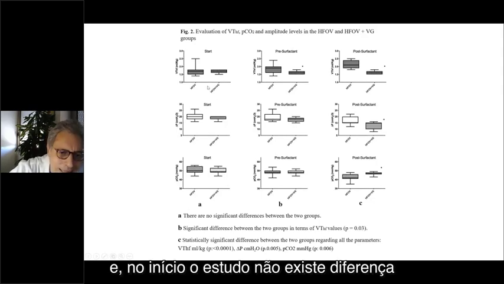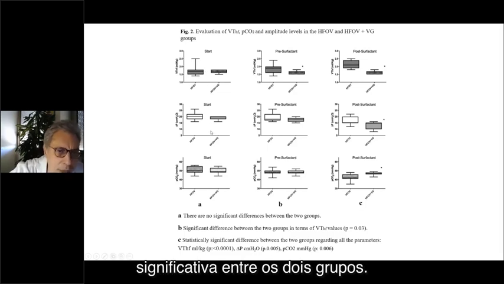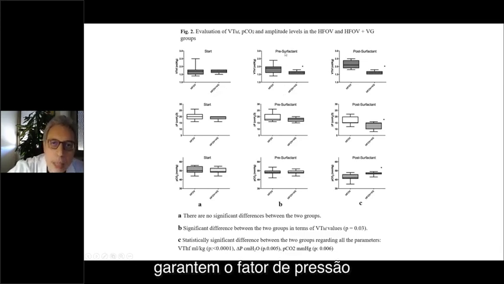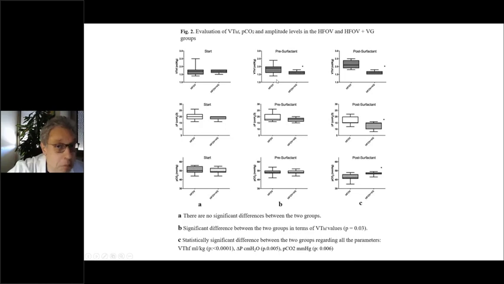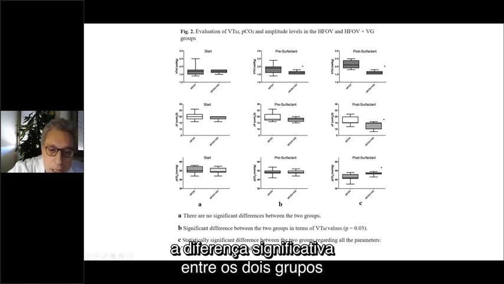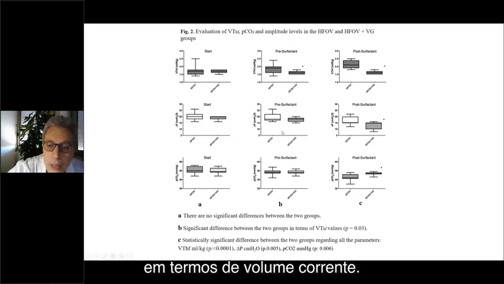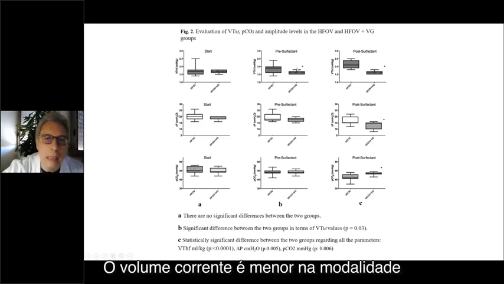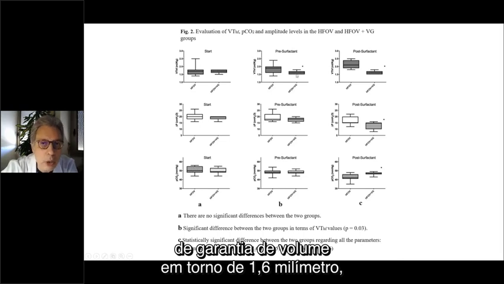And at the start of the study, no significant difference exists between the two groups, high frequency and high frequency plus volume guarantee. Pre-surfactant, there was a significant difference between the two groups in terms of the tidal volume. Okay, the tidal volume is less in the volume guarantee modality, about 1.6 milliliter.